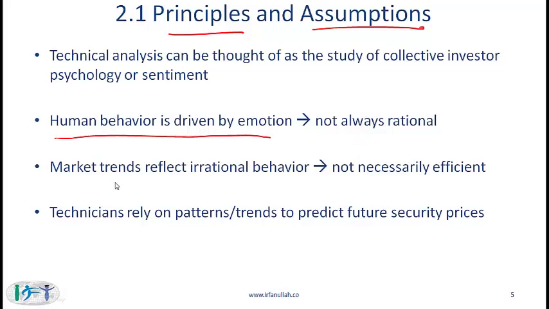Market participants are human, and since it is human beings who are buying and selling stocks, then irrational human behavior means that the markets will also tend to reflect that irrational behavior. And hence, the markets are not necessarily rational or efficient. Technical analysts, or technicians as they are often referred to, rely on the patterns and trends of a given security to predict future security prices.